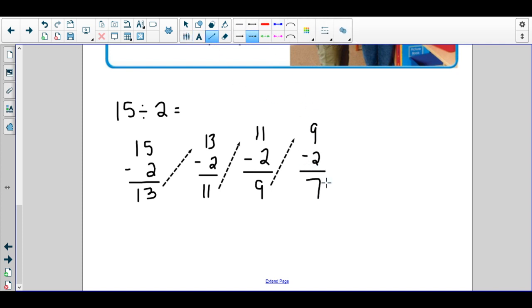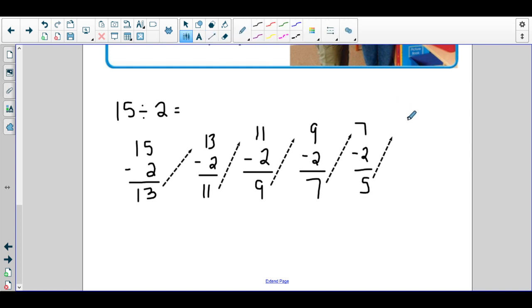What's going to end up happening? 7 minus 2 is 5. 5 minus 2 is 3. I hope you can see it now. 3 minus 2 equals 1.